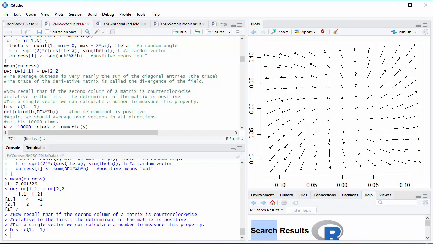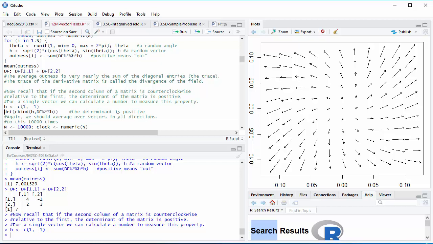You need to remember something about 2 by 2 matrices. If you have to rotate the vector which is the first column counterclockwise to get the vector which is the second column, then the determinant of the matrix is positive. Otherwise, it's negative.